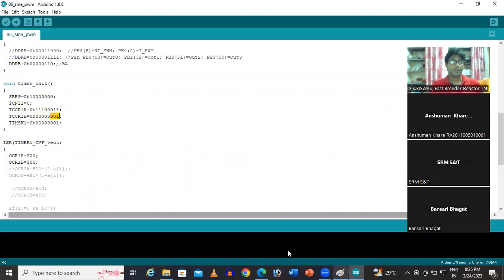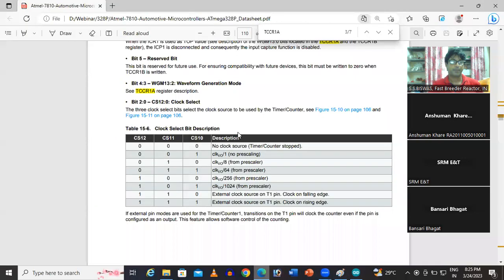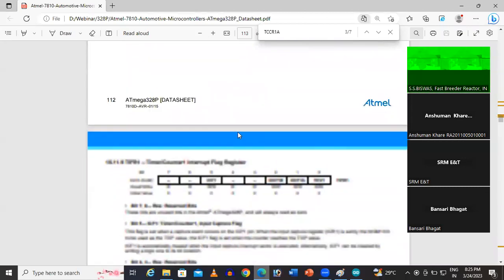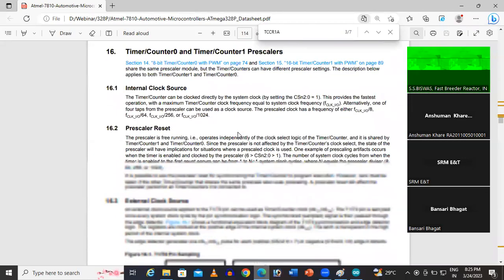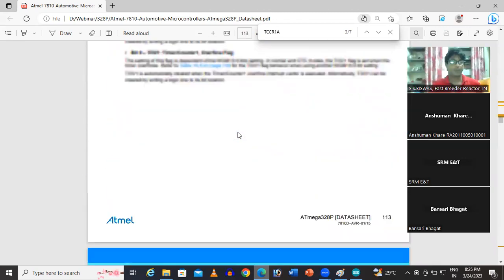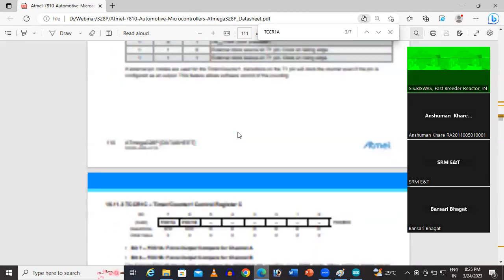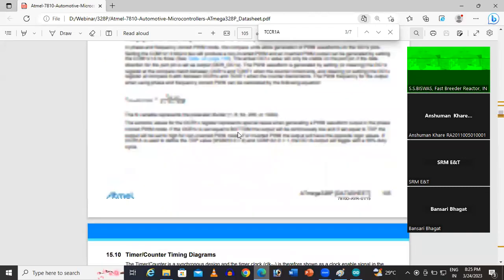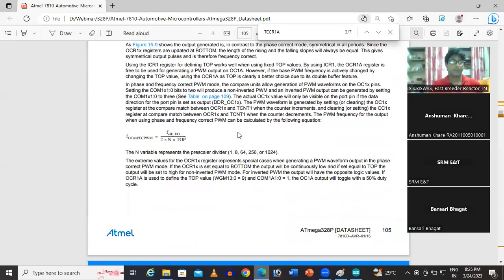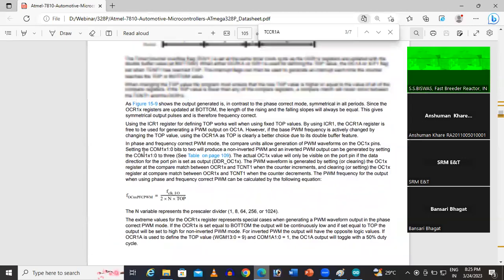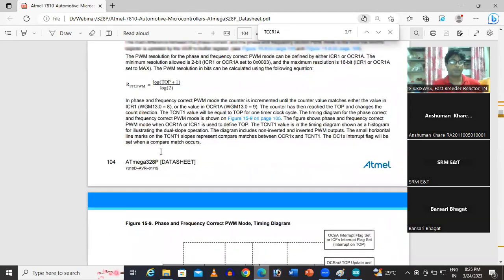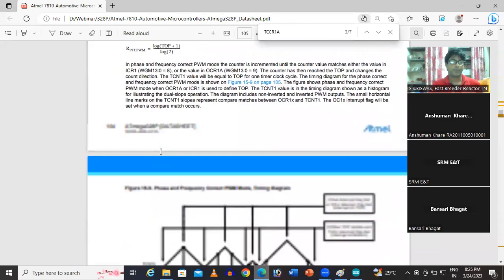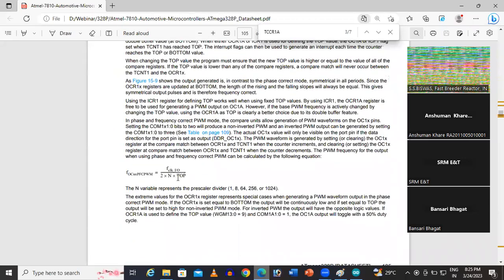Okay. So now how to decide the PWM frequency? If you read the PWM part of the data sheet properly, how to calculate the PWM frequency is given in a very detailed manner. Now you see, this is the phase correct and frequency correct mode PWM.